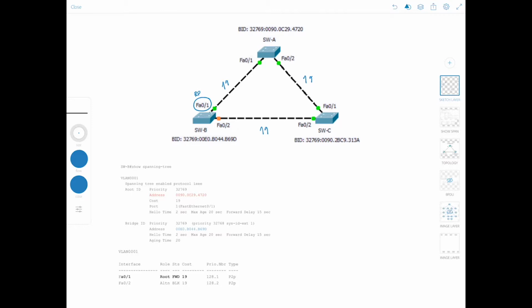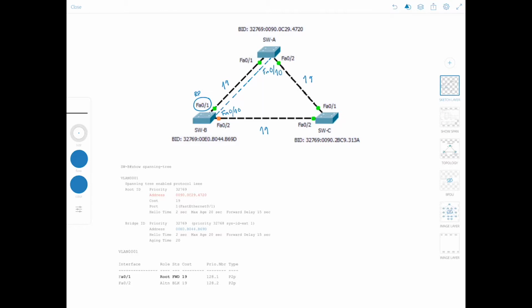So let's add another FastEthernet link between switch A and switch B. So let me draw that in here using this ruler. So there we go. Now we have another link between the switches. Let's call this interface FA0/10, for example, on both ends.